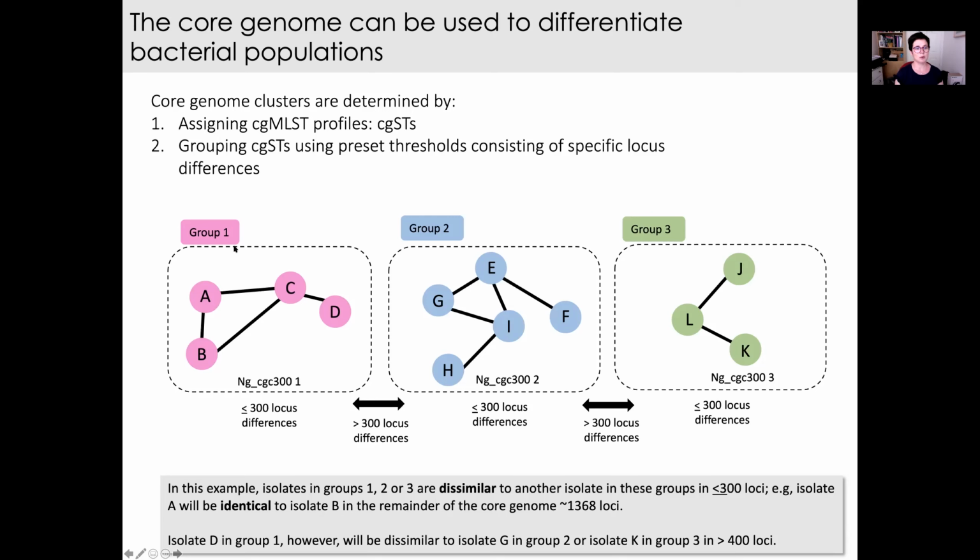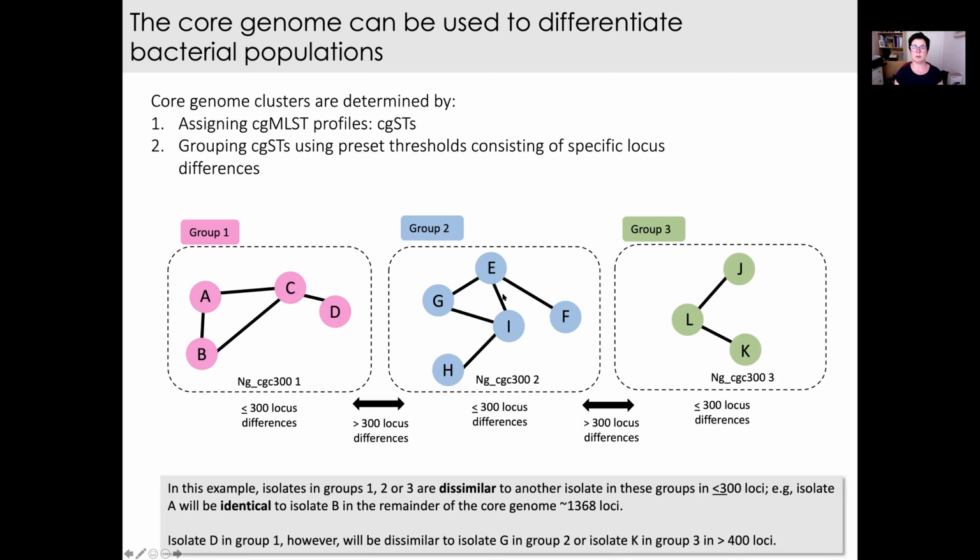In core genome group 1, isolate A is dissimilar to isolate B using a threshold of 300 locus differences. It's different to isolate B in 300 or fewer loci only, and similarly for isolates C and D. So within this core genome group cluster 1, all of these isolates will be dissimilar to another isolate within this cluster in 300 or fewer loci only.